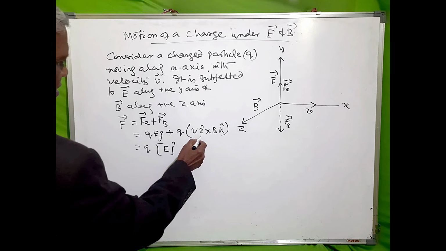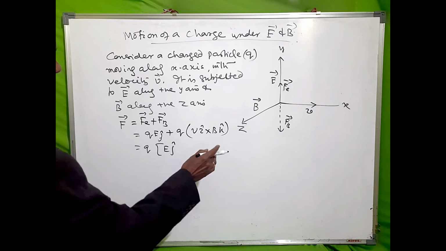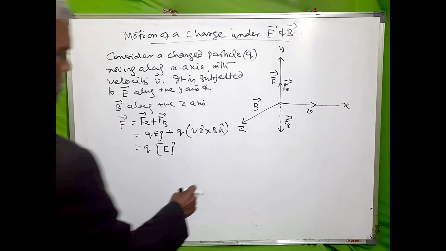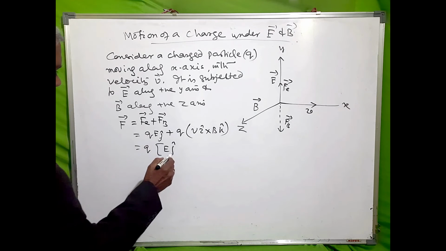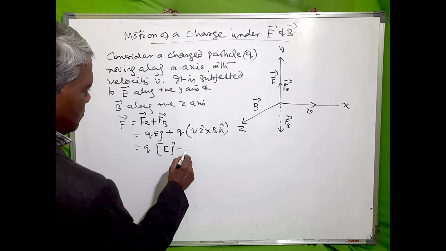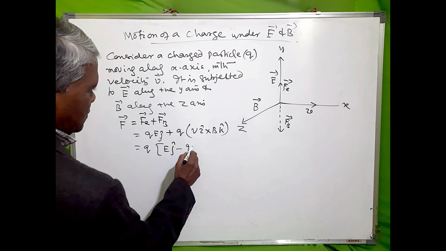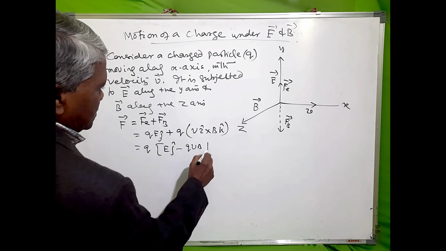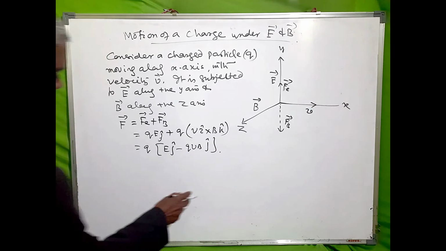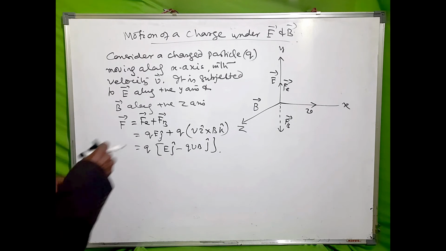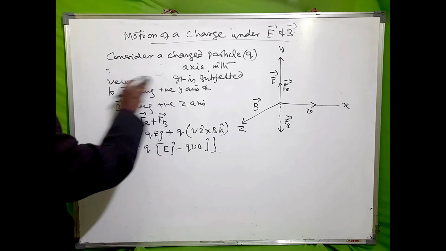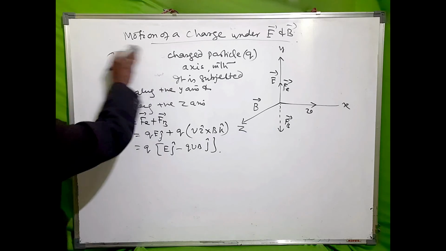This i cross k is minus j. So it will be minus QVB j cap. It is observed that the forces due to the two fields are antiparallel.